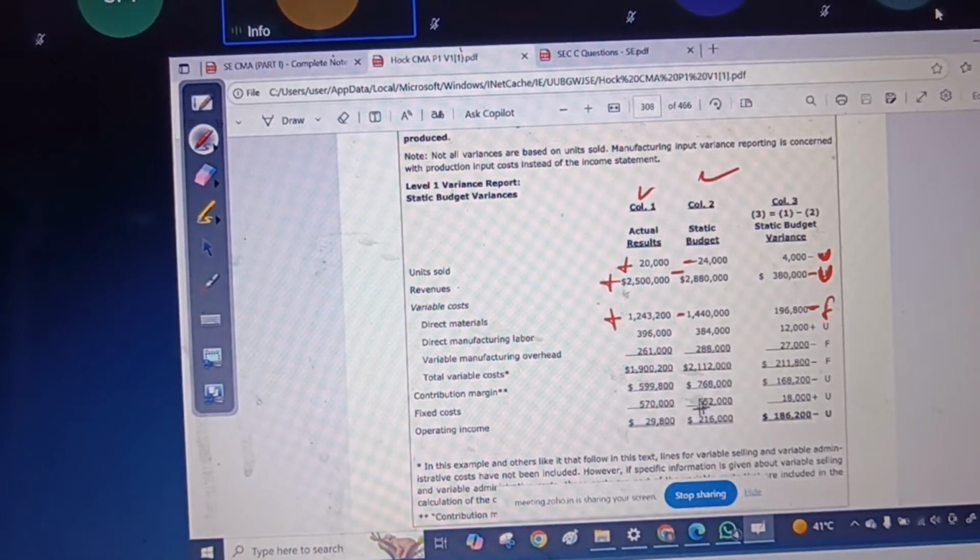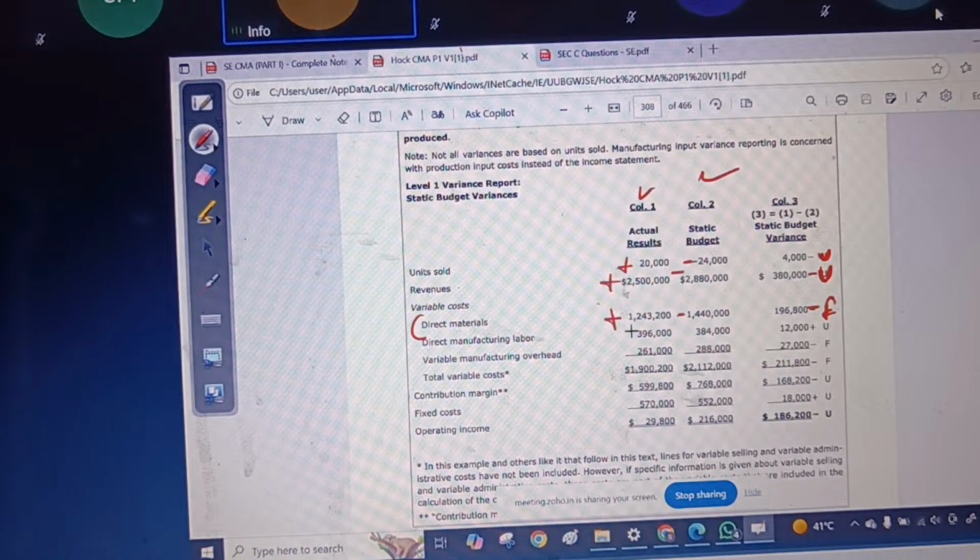When you are minusing the whole expense, let's forget that end result, but looking at the direct materials, obviously it is lower and will bring operating income higher. That is why it is favorable when we are comparing, because actual result is less than budget. Let me know when there is doubt.